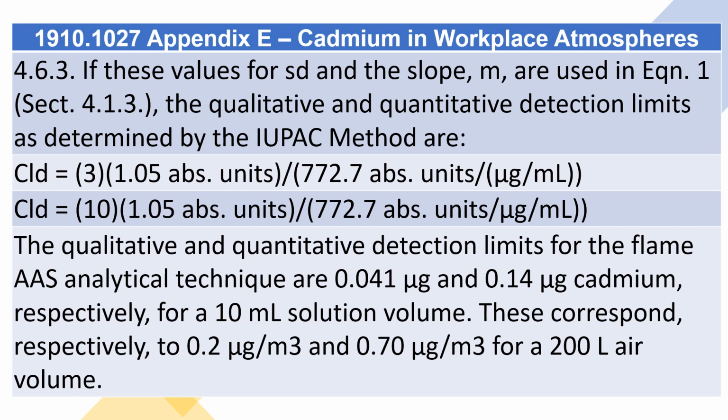The qualitative and quantitative detection limits for the flame AAS analytical technique are 0.041 µg and 0.14 µg cadmium, respectively, for a 10 ml solution volume. These correspond, respectively, to 0.2 micrograms per cubic meter and 0.70 micrograms per cubic meter for a 200 L air volume.